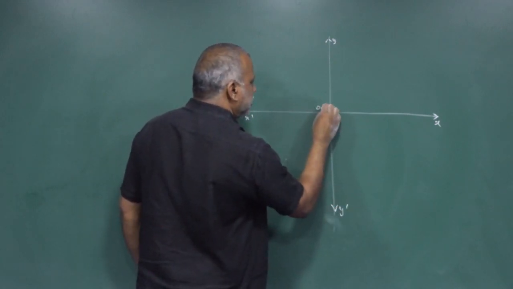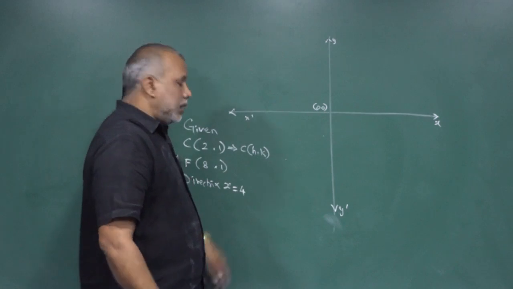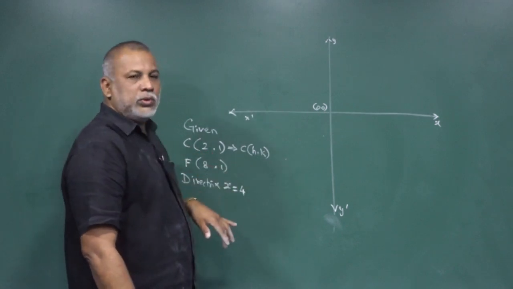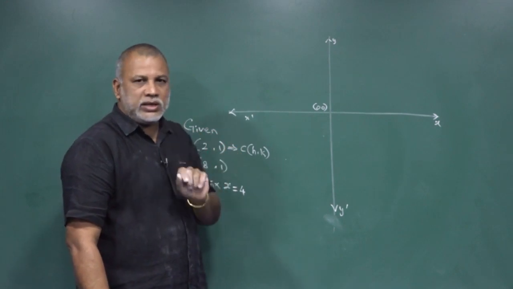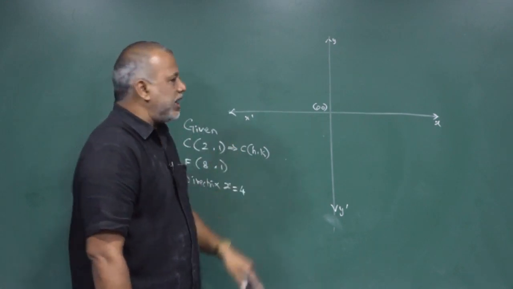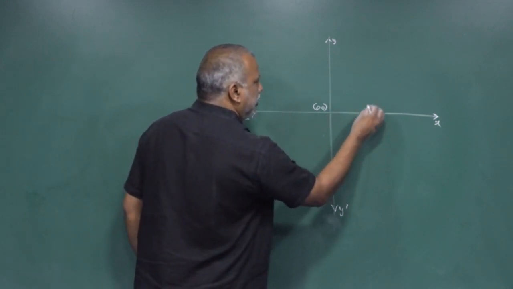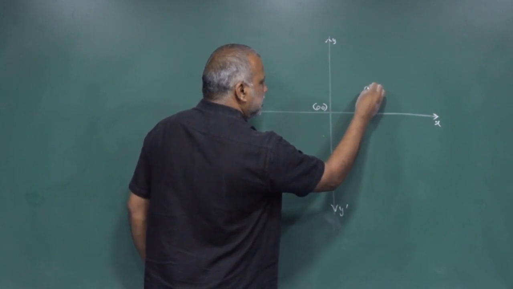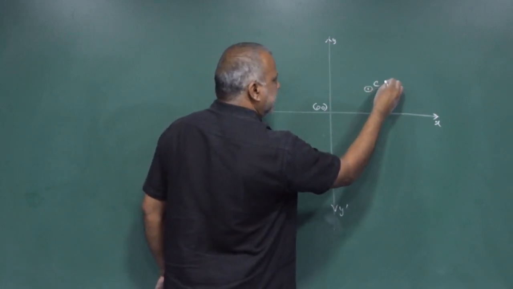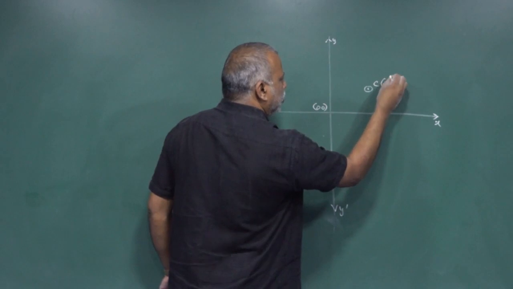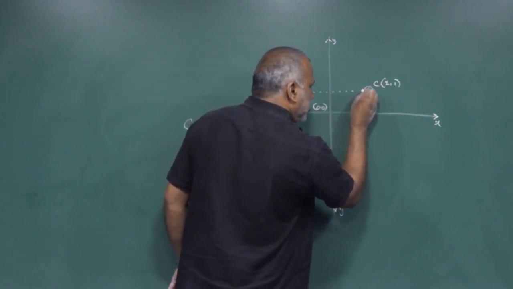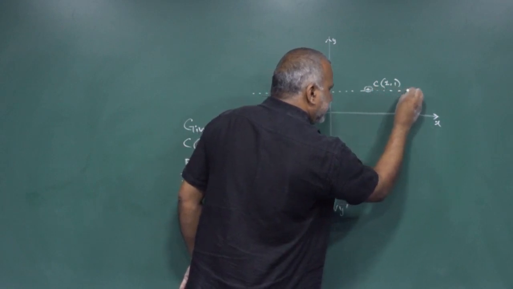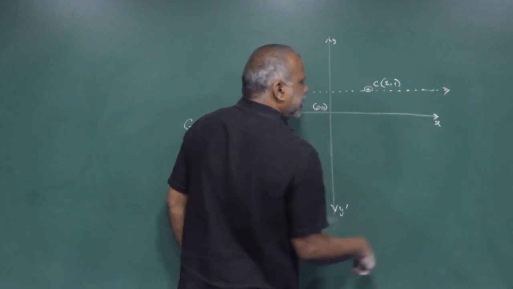Here must be origin. Now listen, center is 2, 1. 2, 1 is a point which lies in the first quadrant. X having 2 units, Y having 1 unit. Just I can take the point, center 2, 1. Now we need to draw the axis.